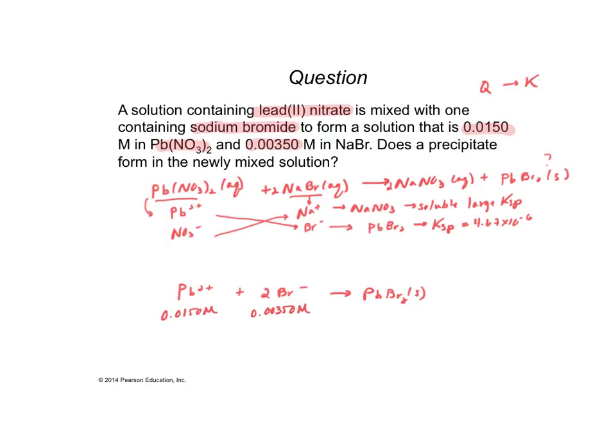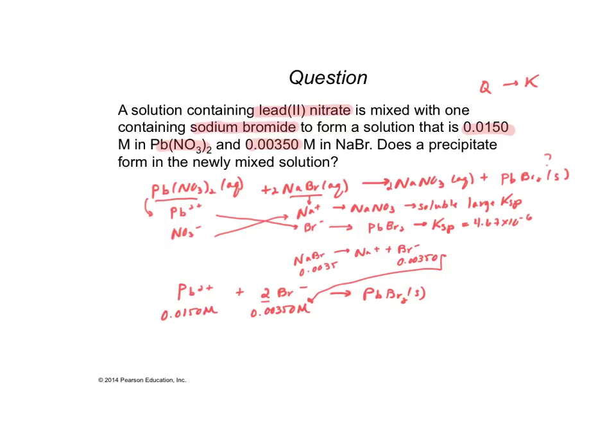And so again, with respect to this guy, sodium bromide, it's only going to break down in a 1-to-1 ratio. So if there are 0.0035, then you're going to get 0.0035 of this guy, right? So even though there's a 2 in front of this, it's coming from something that's only going to give us this much.